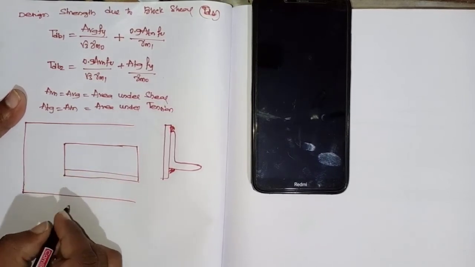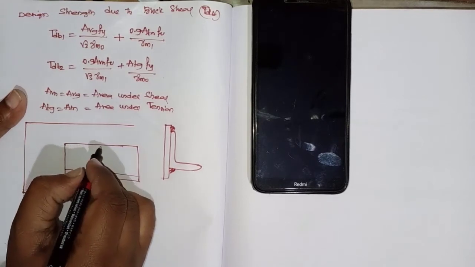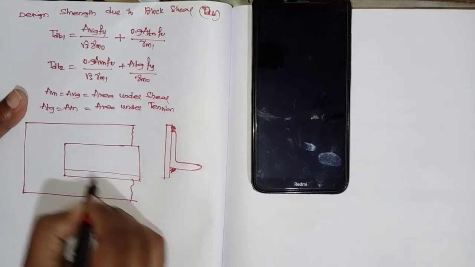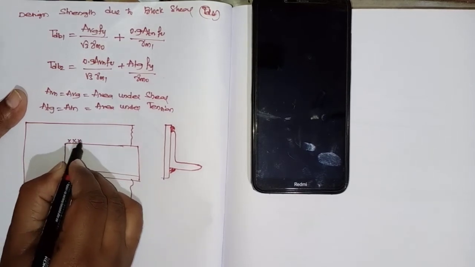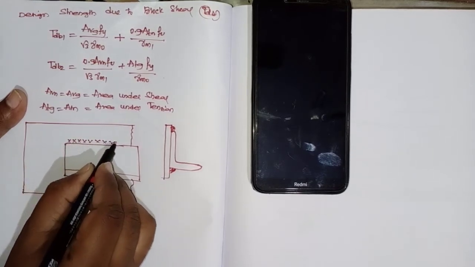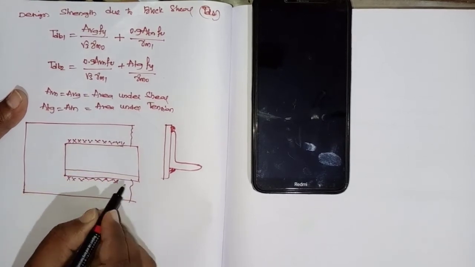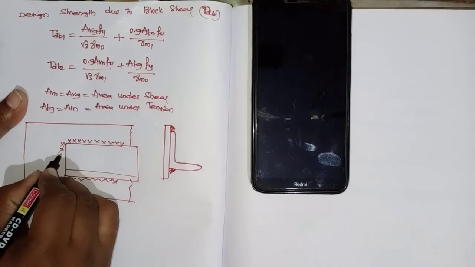What I have done is welding all round. These are side welds. Just imagine, and these are end welds.